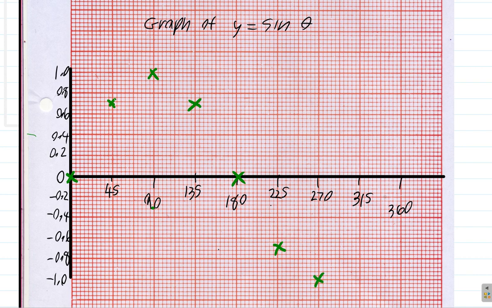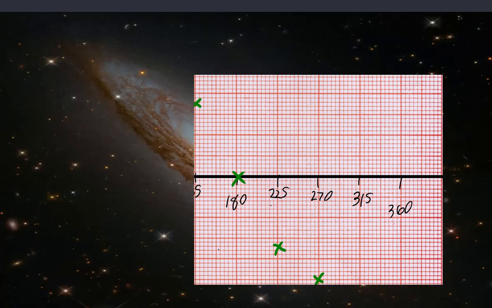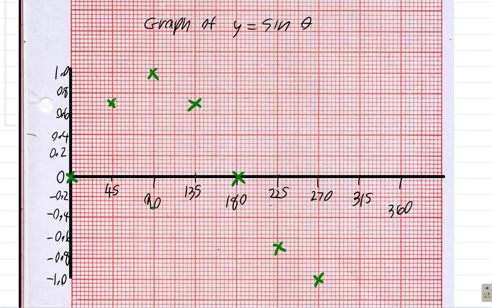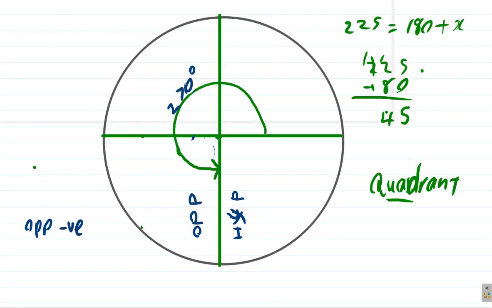Now what about 315 degrees? 315. What would that look like? We want to look at the diagram before we go to our calculator. So here now it's 315. So I'll get rid of the 270 from now.